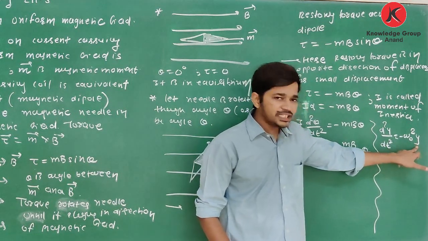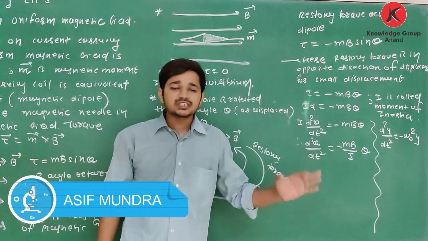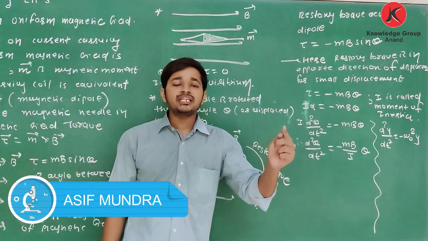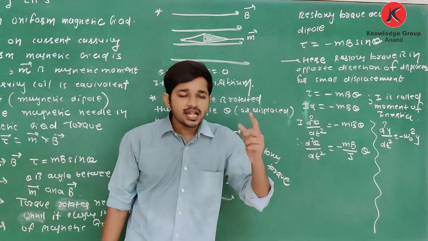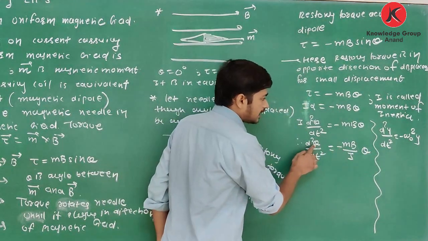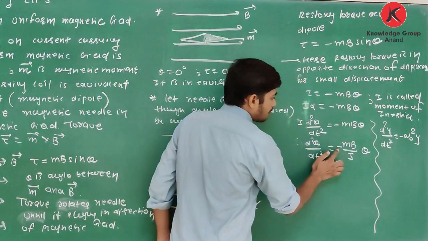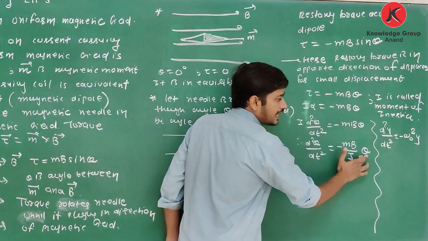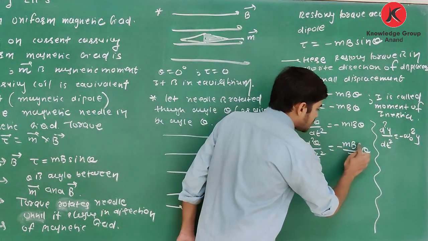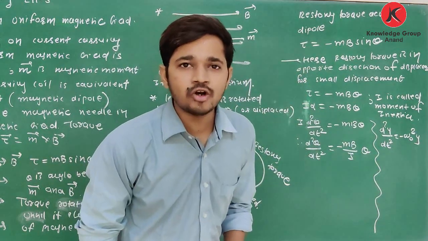You can compare this equation with rotational motion, where we have angular displacement theta instead of linear displacement y. So if you compare these two equations, I can say mB upon I is equal to omega 0 square.